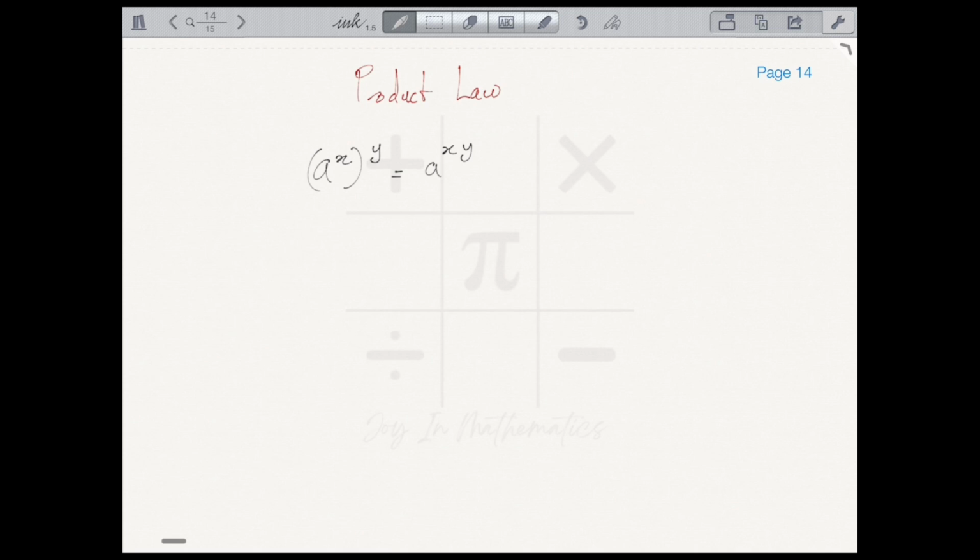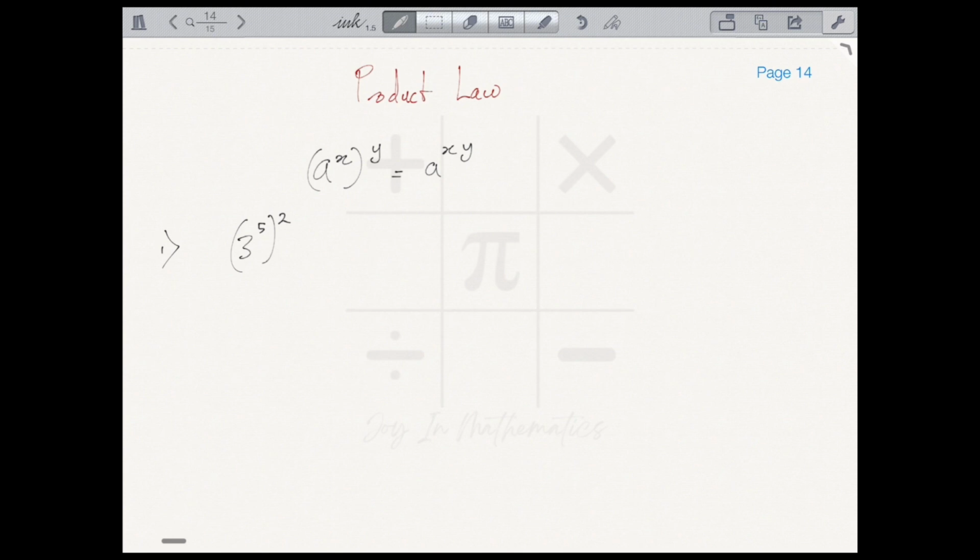So with this simple analogy, let's take a few examples to clarify this. I was given 3 raised to the power 5, all raised to the power of 2.